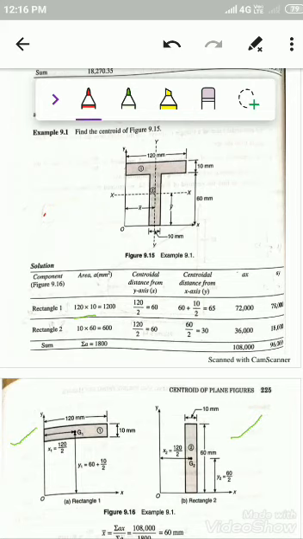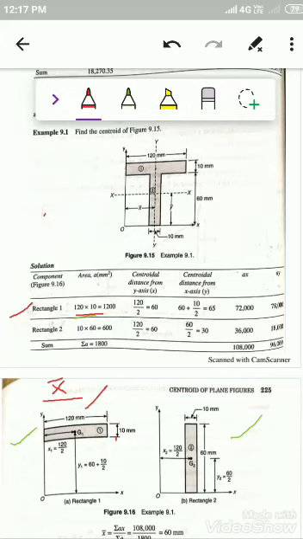Just observe, first you have to remember it as rectangle 1 and rectangle 2. The rectangle 1 has an area of 120 into 10. And the centroidal distance from the y-axis is what you measure as x bar. With respect to the y-axis, that is x bar.